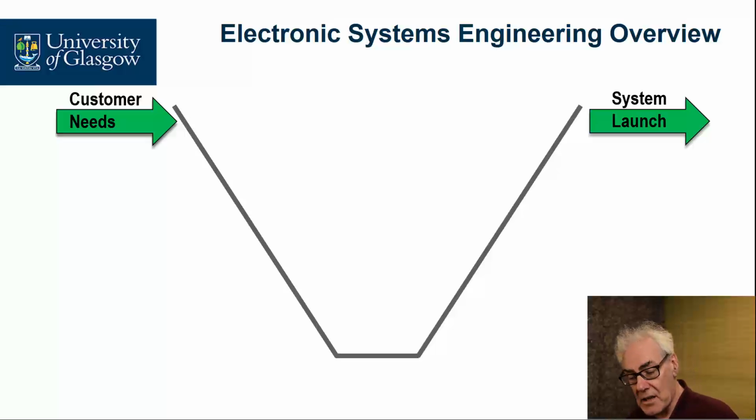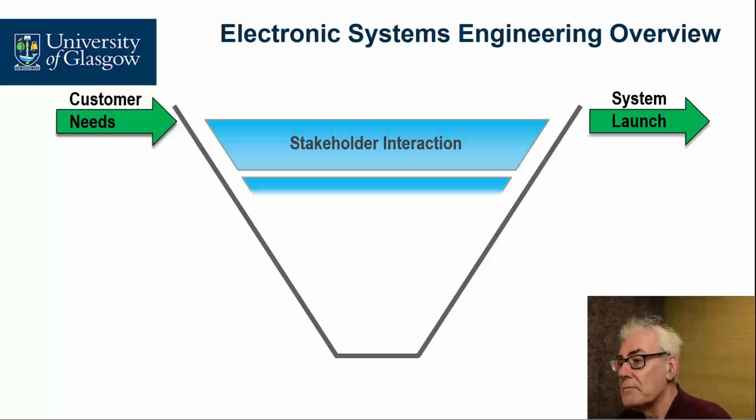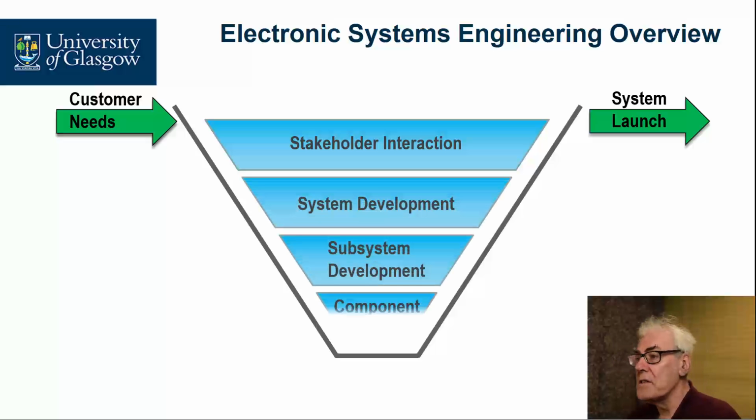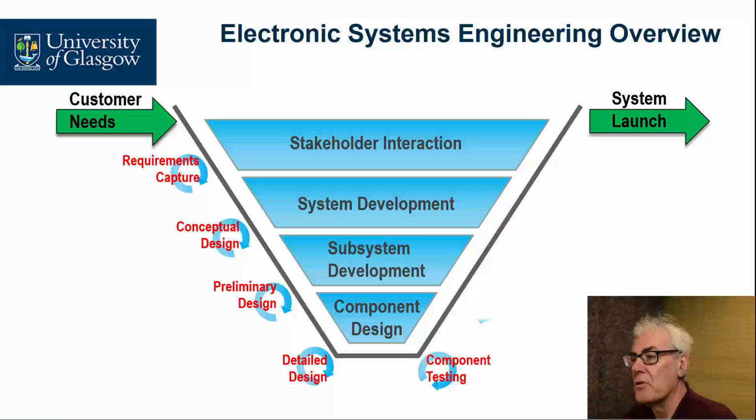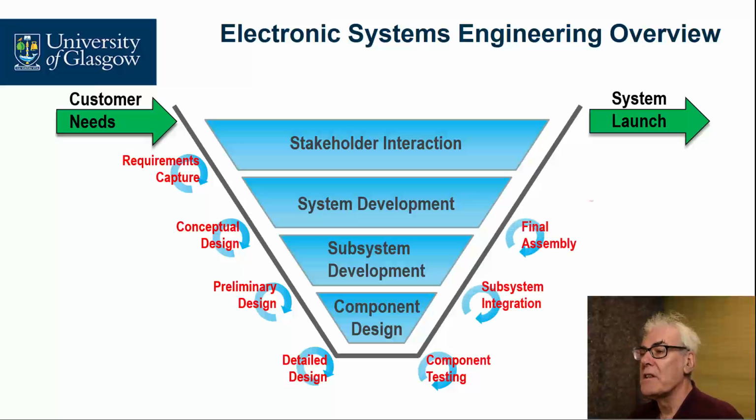On the right hand side we have the delivery of the final solution. And at all stages we break down the problem, starting with requirements capture, all the way down to detailed design. Then we do component testing, all the way up to system functional testing, and deliver the end product.